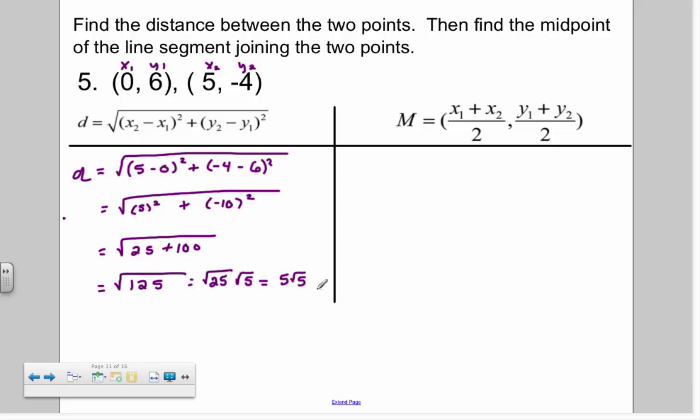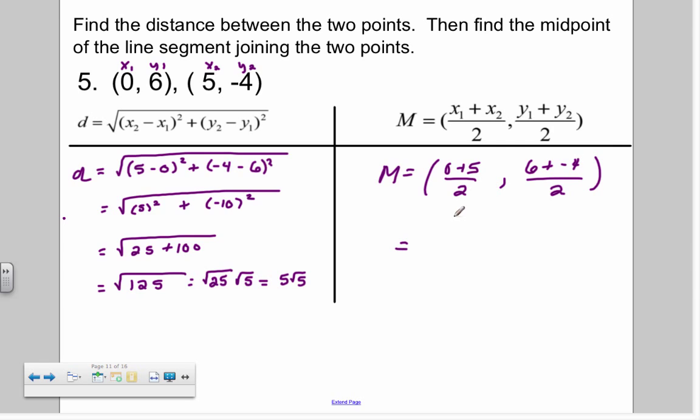Now that I've done the distance, they're asking me to find the midpoint of the line segment joining the 2 points. So here is my formula. I'm going to use the same x1 and y1, same x2, y2, and just go ahead and plug it in. It starts by adding my x's together, 0 plus 5, and dividing by 2. And then I add my y's together, 6 plus negative 4, and divide by 2.